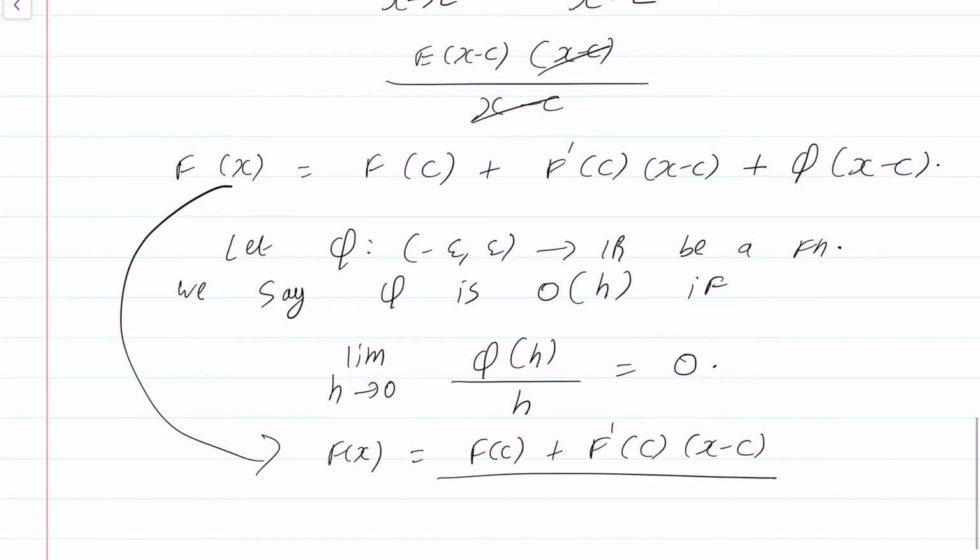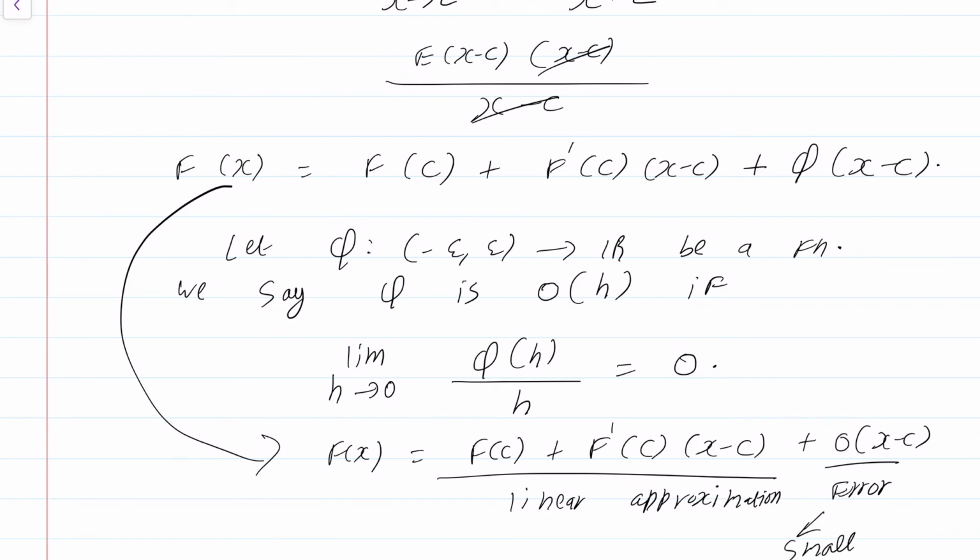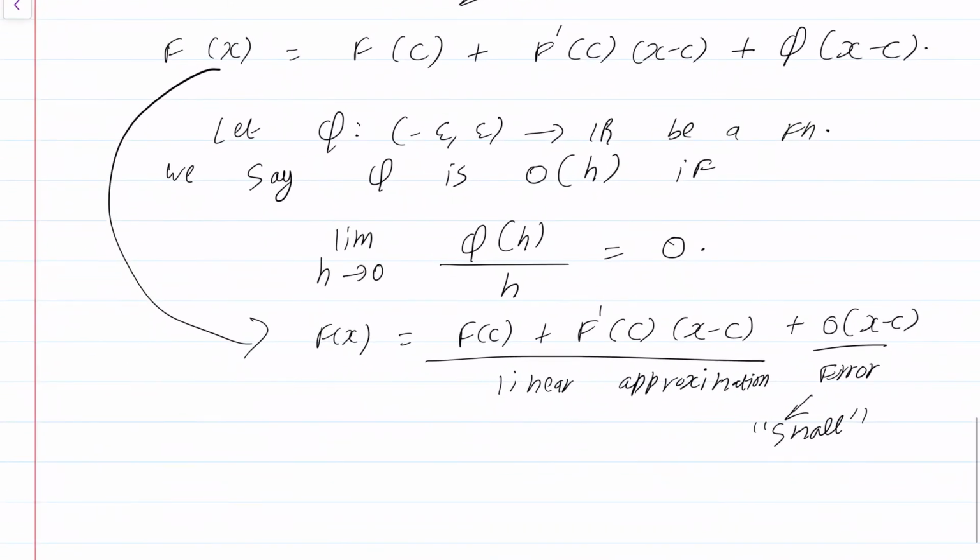So this part is the linear approximation, plus little o of x minus c. This is the error, and the fact that it's little o captures that it is small. The error in this particular approximation is not too large. That's captured by saying that it's a little o of h function.